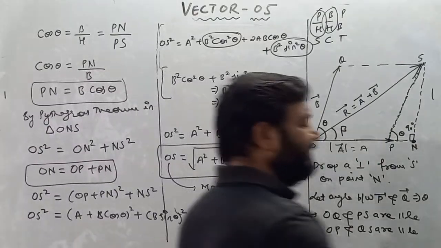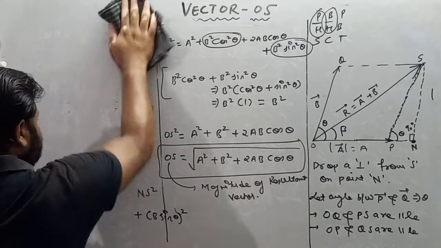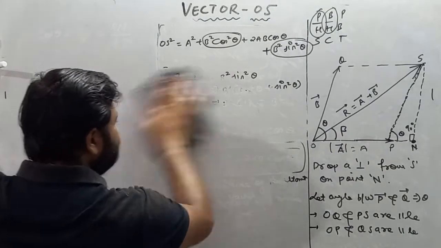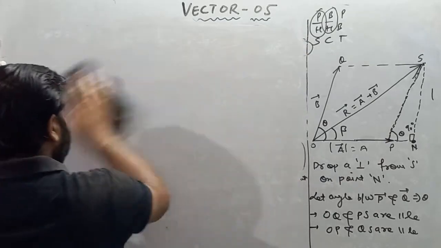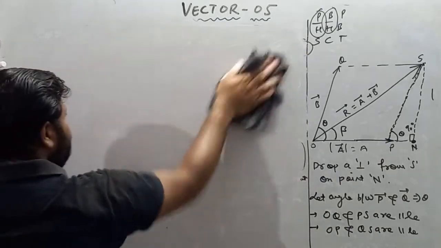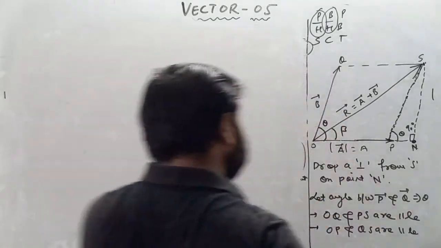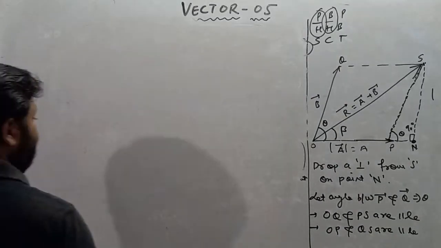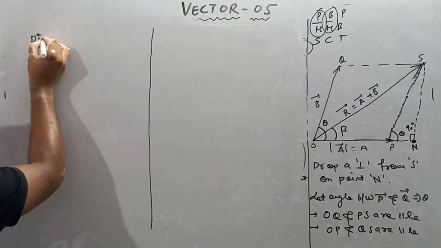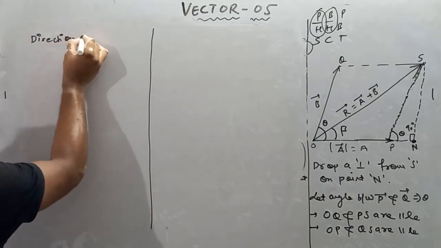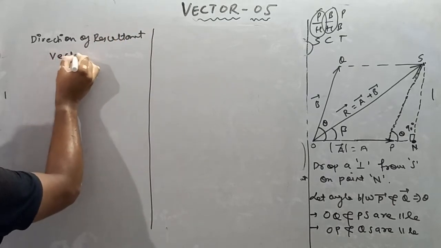Now we wish to find the direction of the resultant vector. So write down direction of resultant vector. We already discussed the triangle law of vector addition, in which I'll tell you how to find the direction of the resultant vector. So write down the next heading, direction of resultant vector.